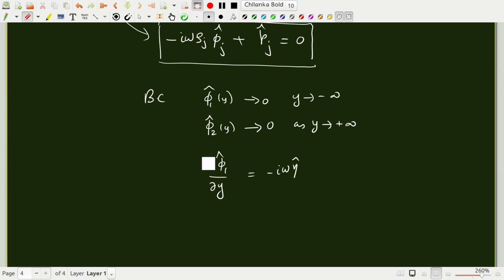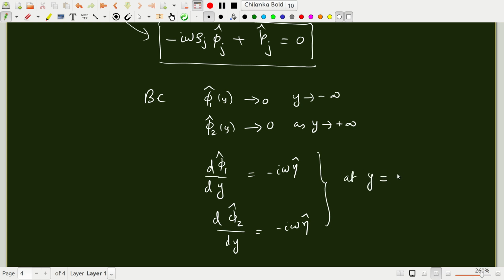You need not have partials because you can simply have ordinary derivatives, because the hat quantities are functions only of y. Now in principle this has to be applied at y equal to eta of x t, the perturbed interface, because that's where things are continuous.